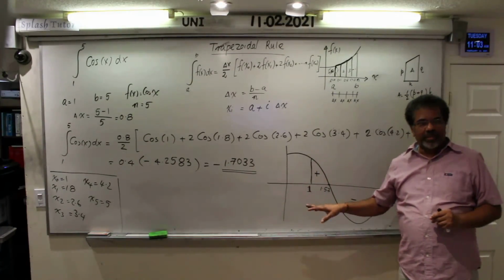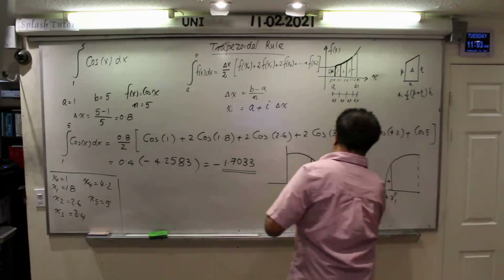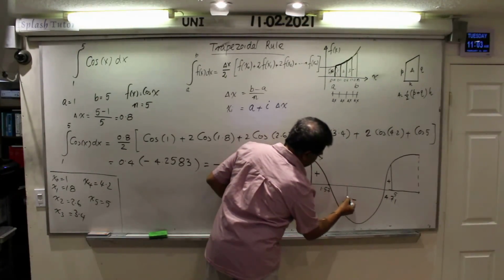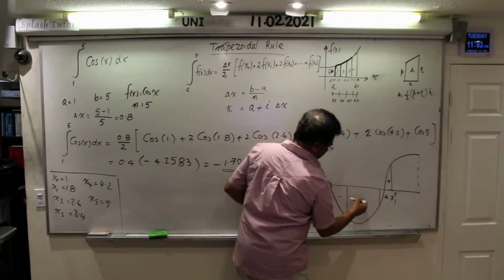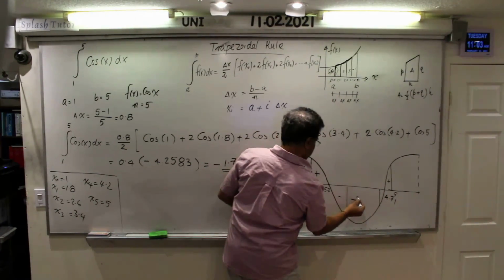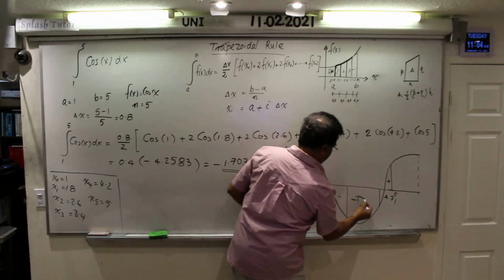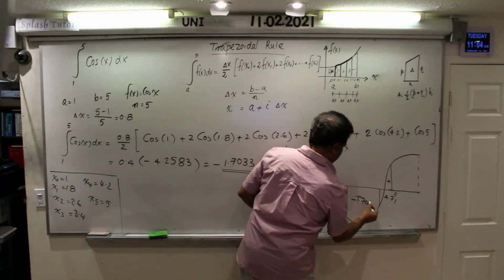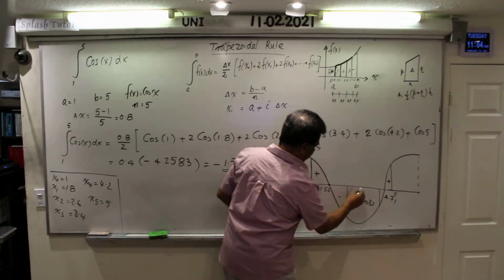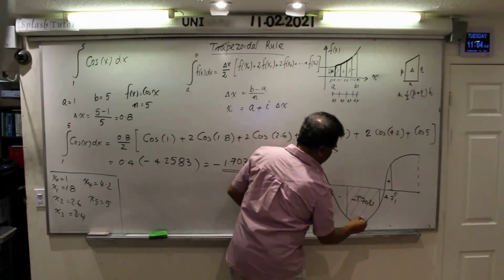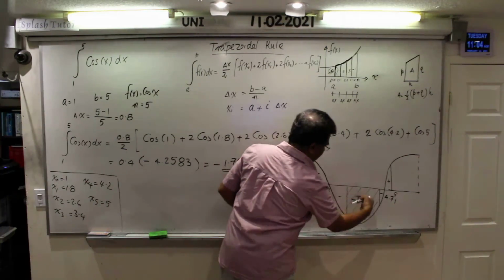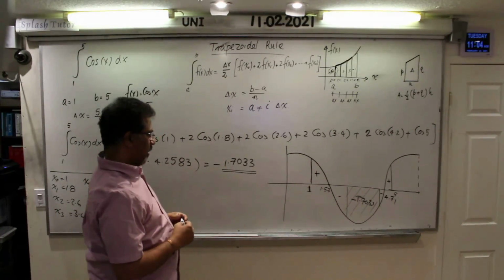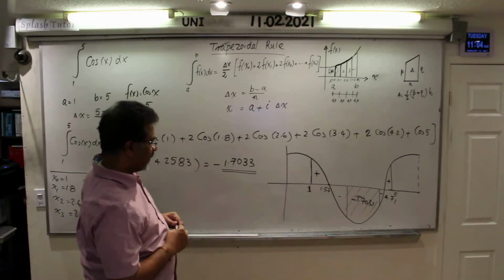But here this will cancel with this, and this will cancel with this, and what remains is minus 1.7033. These two are cancelling each other, then you get this. You understand this? And that's why.